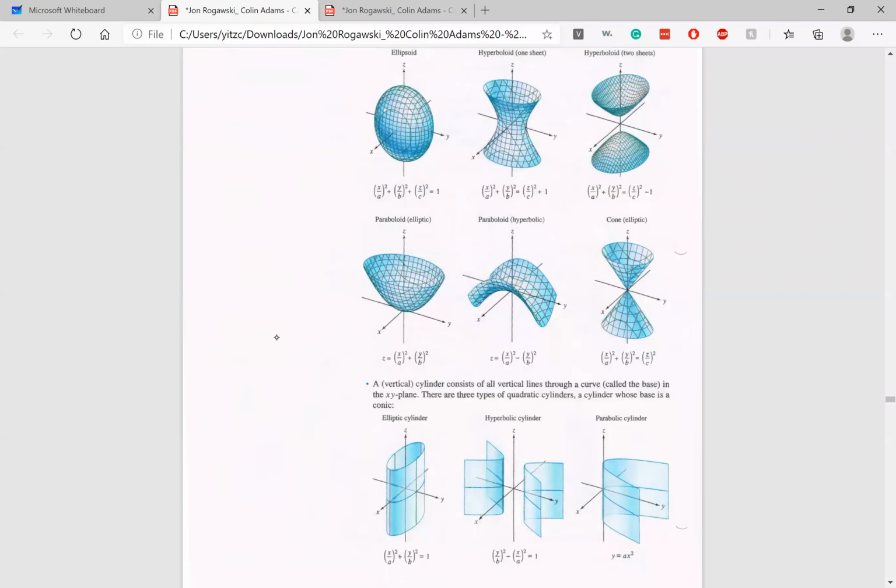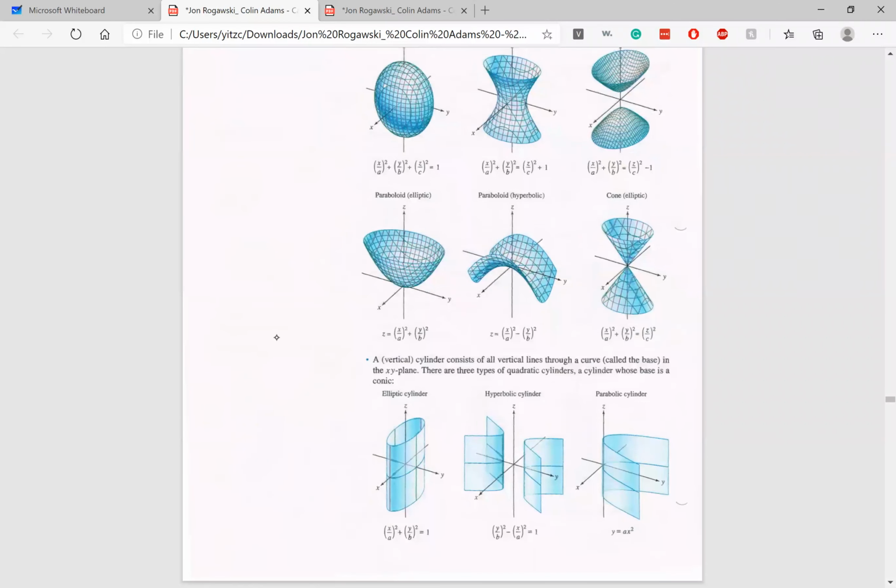The paraboloid, it's made out of 2 parabolas and then circles, so that's why it's an elliptic. And the hyperbolic paraboloid, again, you have 2 parabolas over here, just this time one of them is going up, so that's this red one, and one of them is always going down, and that is this green one.